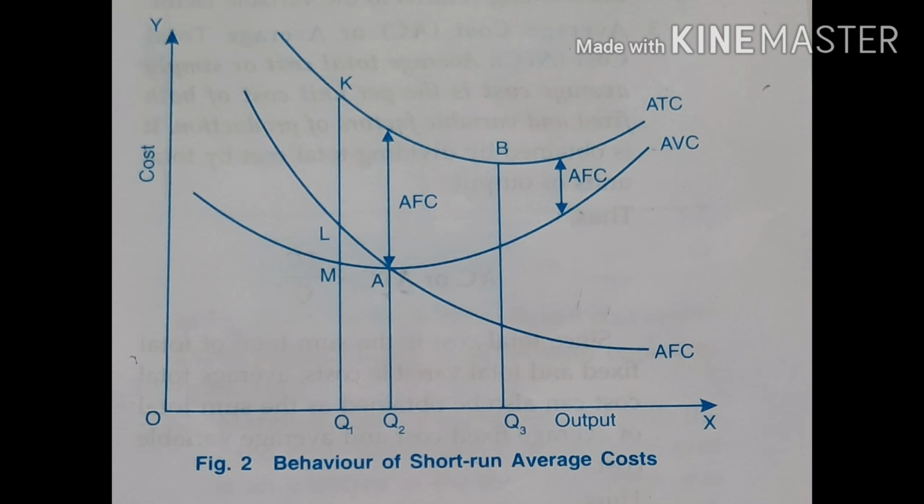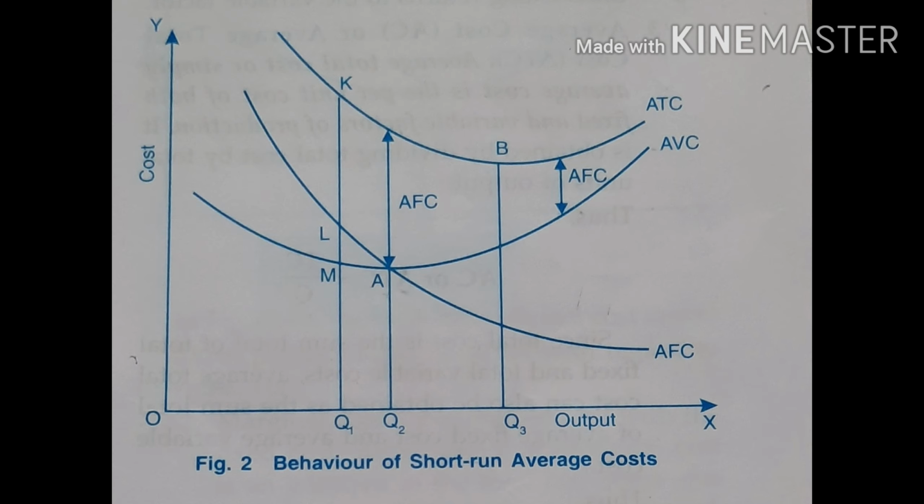And the AFC curve is also a rectangular hyperbola in shape, that is, a curve which extends towards both the axes in an equal manner without touching either of them. It approaches the y-axis but does not touch it, because the total fixed cost has a positive value even at very low levels of output, so it can never be 0.